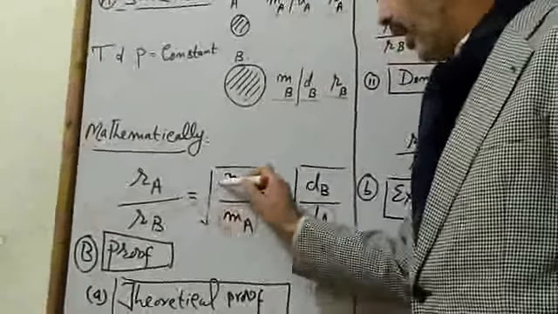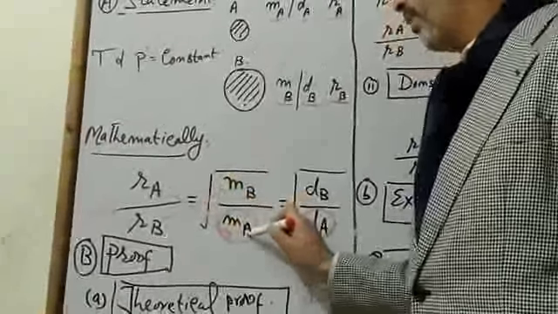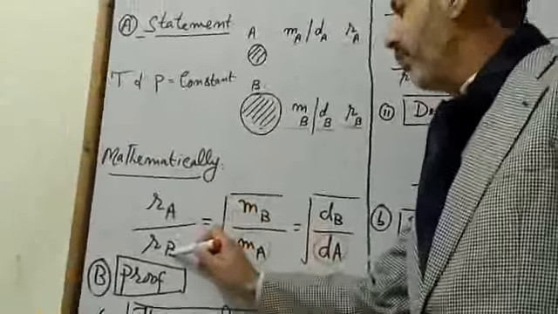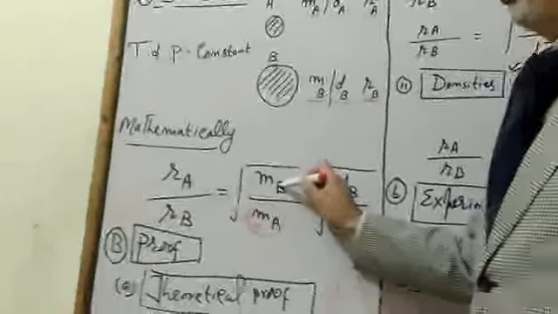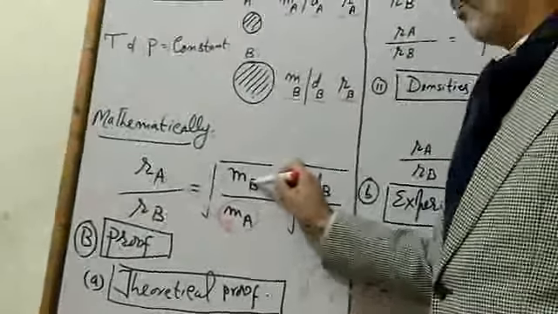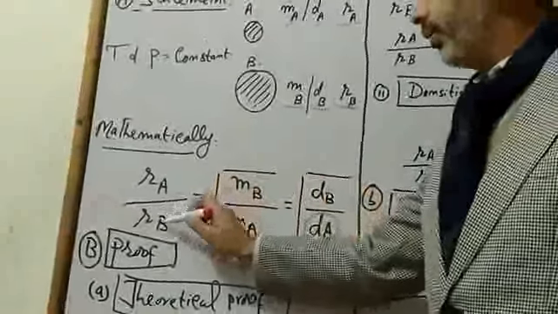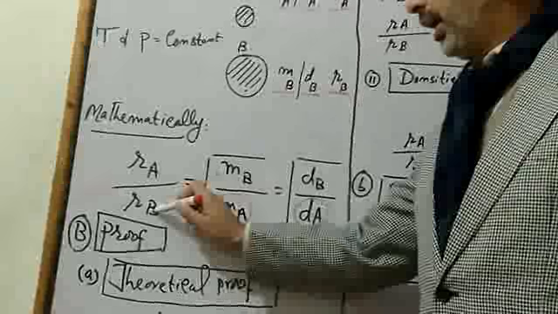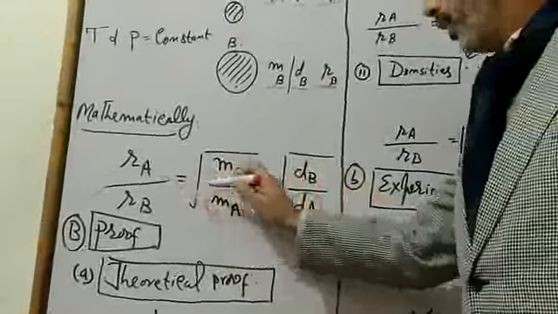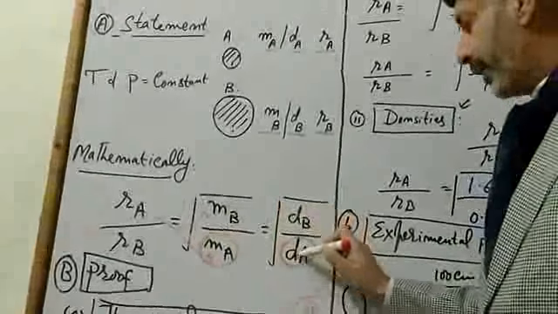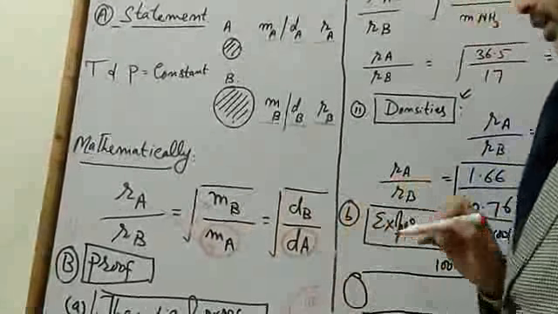That is, Ra is inversely proportional to the square root of the mass of A, and Rb is inversely proportional to the square root of the mass of gas B. Similarly, the relative rate of diffusion is also inversely proportional to the square root of their respective densities, as shown in this equation.